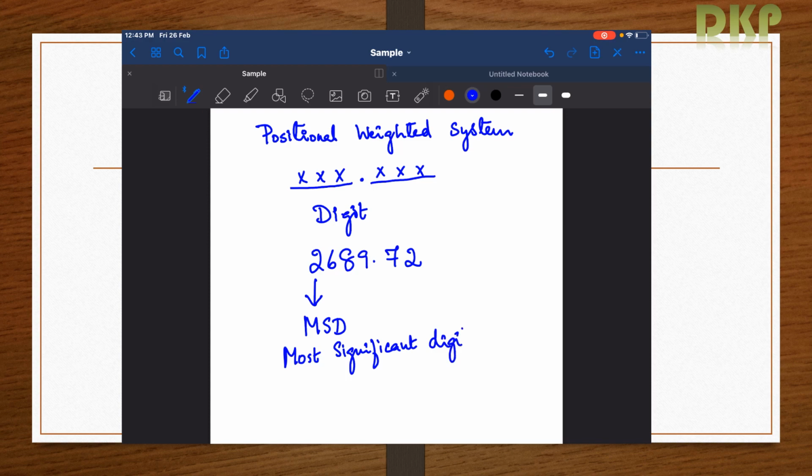And on the rightmost side, the rightmost digit in any number has the least positional weight among all the digits in that number, and it is called LSD. LSD means least significant digit.